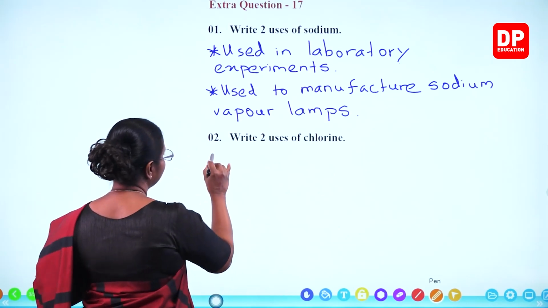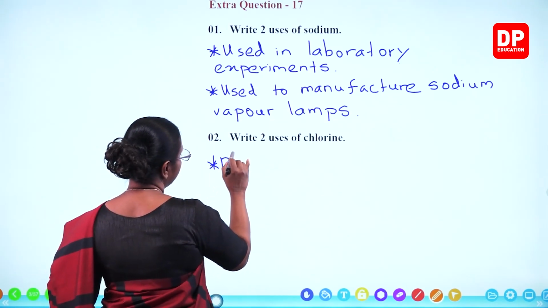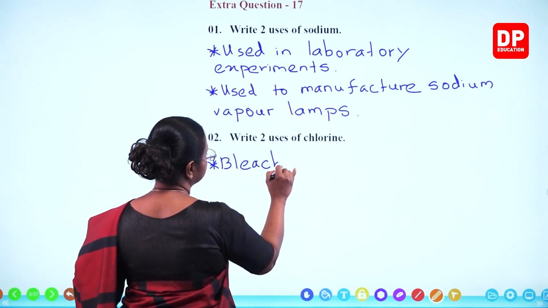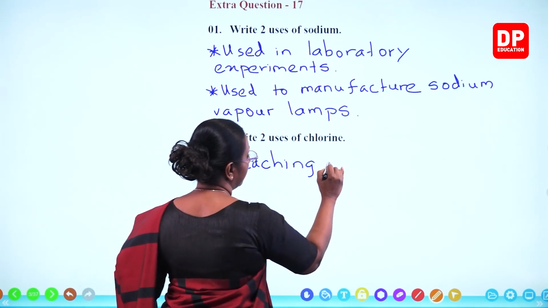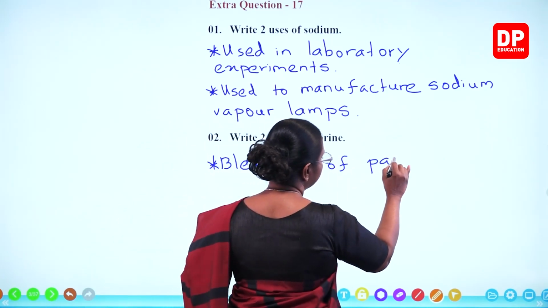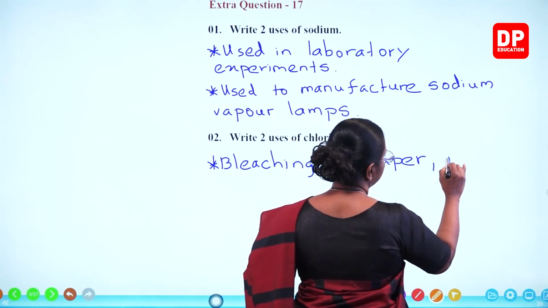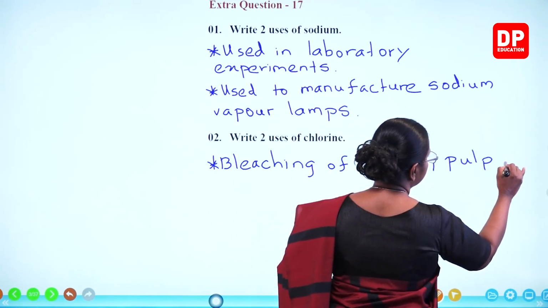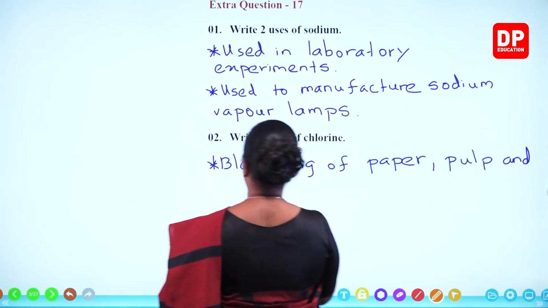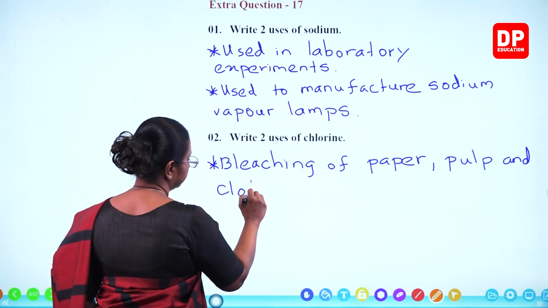So first one I will say bleaching of paper, pulp and cloths.